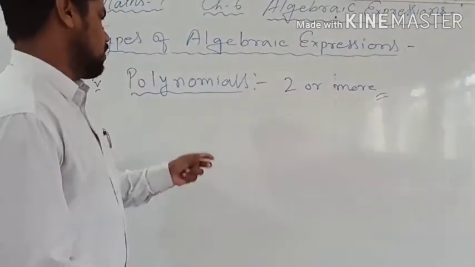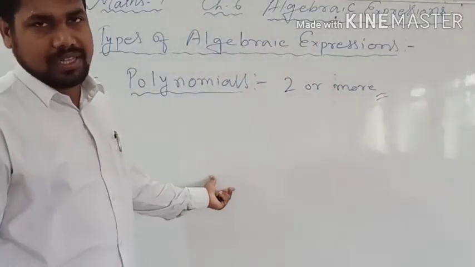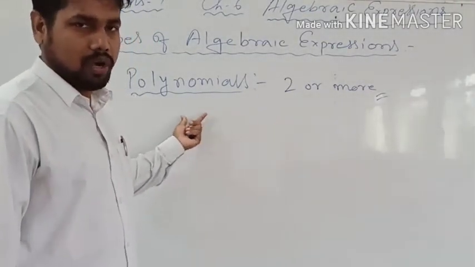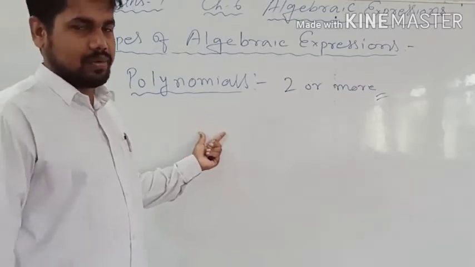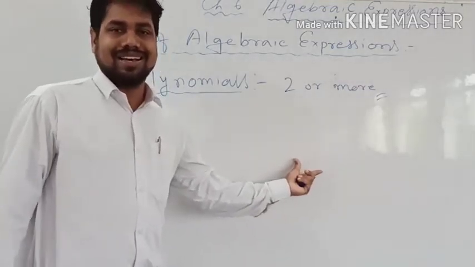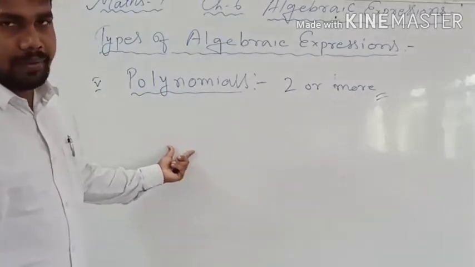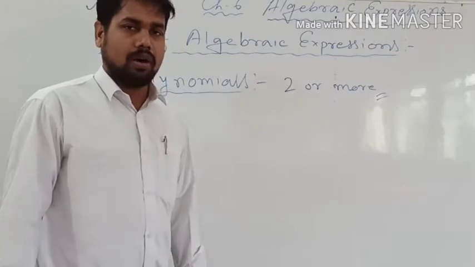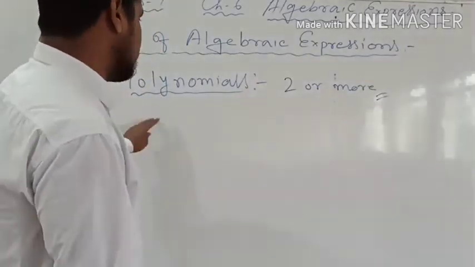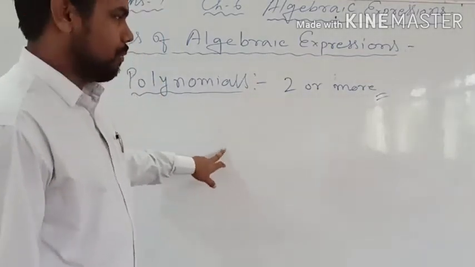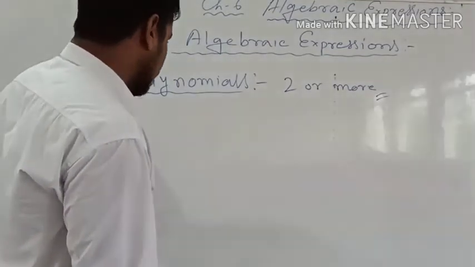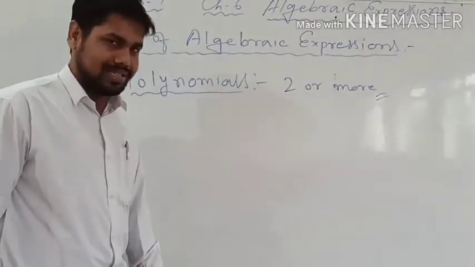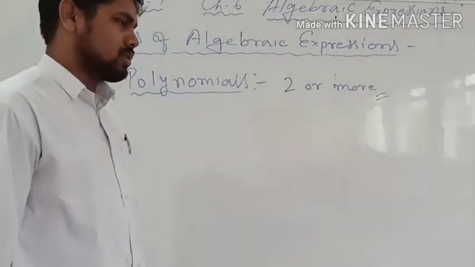When two or more terms are there in a particular algebraic expression, then we call that algebraic expression a polynomial. So if we are talking about quadrinomials, they also come under polynomials. Trinomials also come under polynomials.